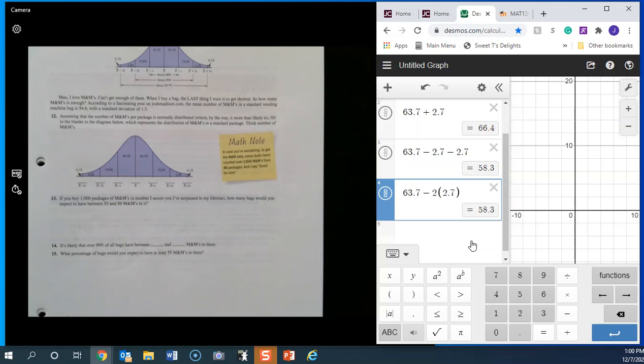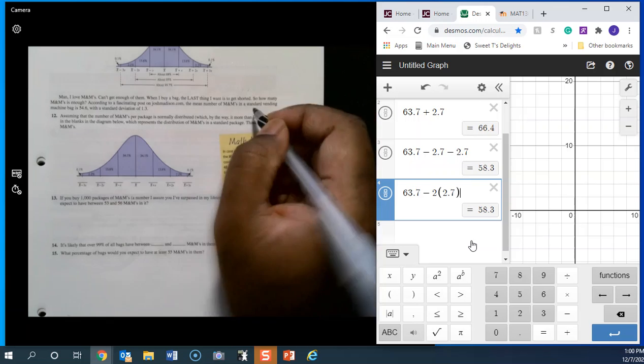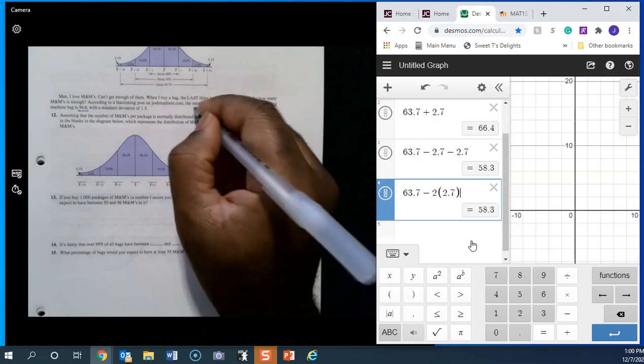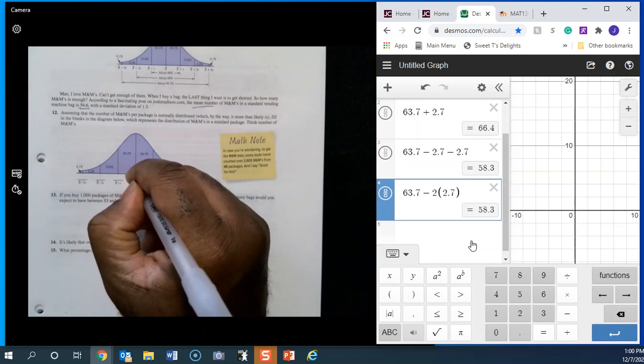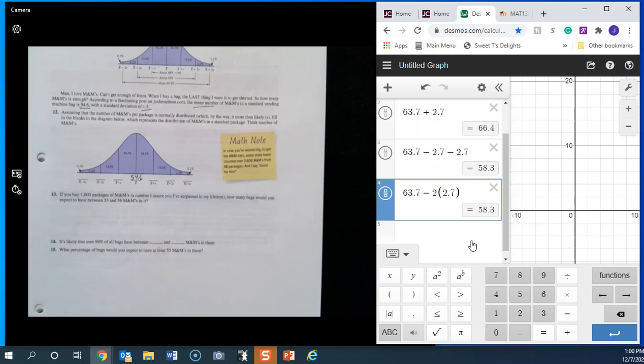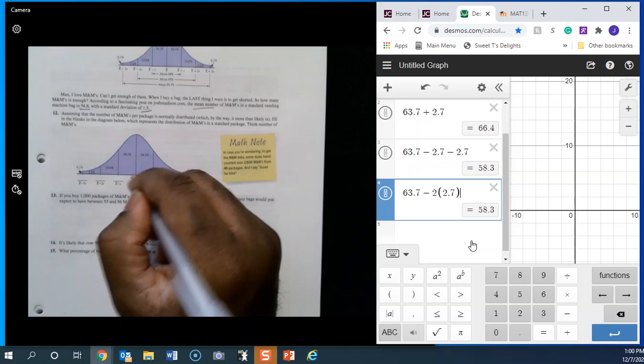Think number of M&Ms. Okay, so they told us here that the standard vending machine bag is 54.6. That is the mean, so this will go here, 54.6. And the standard deviation is 1.3. So all we have to do going up is keep adding 1.3 to the 54.6.